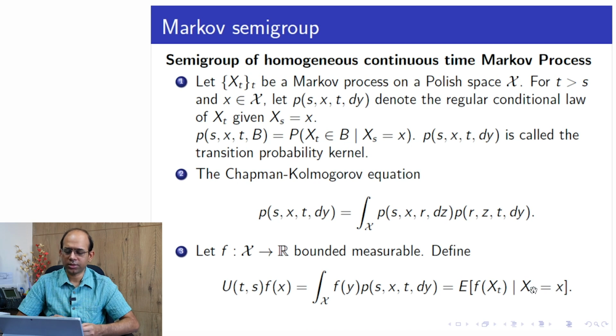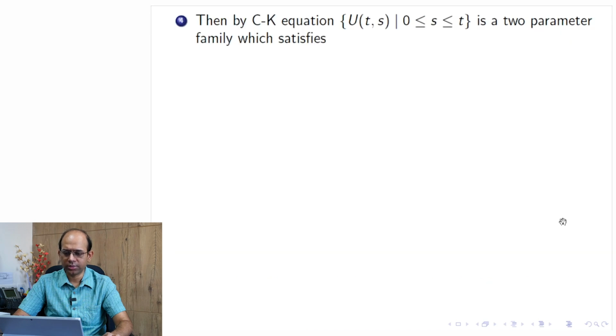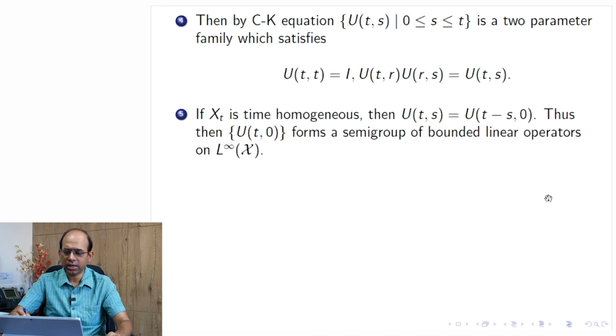So it does not matter where it starts from, only the location matters, because it is time homogeneous. So time homogeneous case is much simpler, and for this simple case we can write U(t,s) as U(t-s,0), as I have described in the earlier slide.